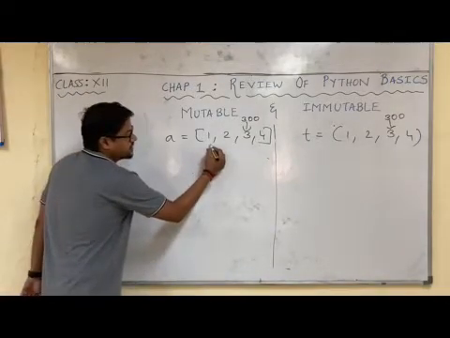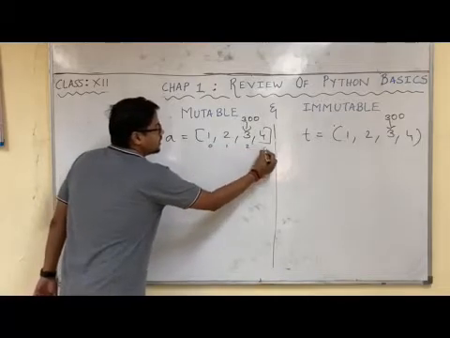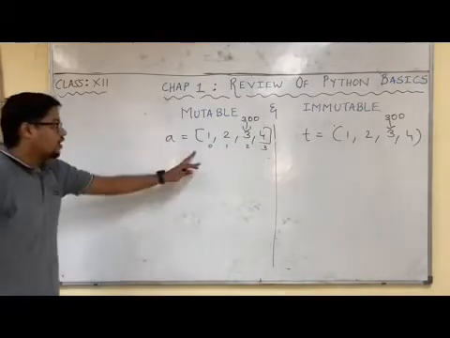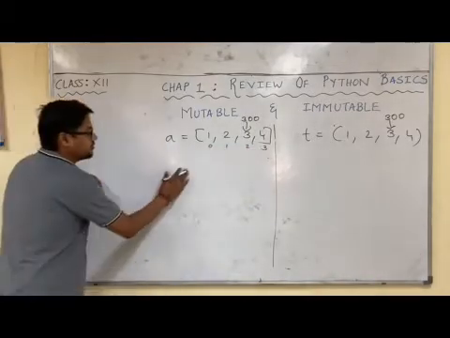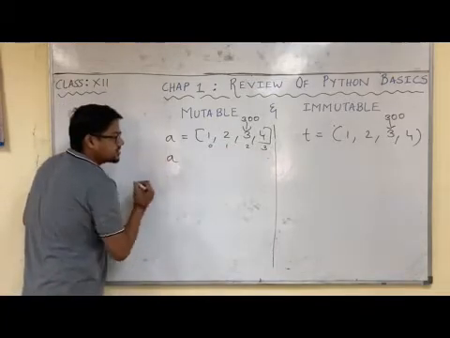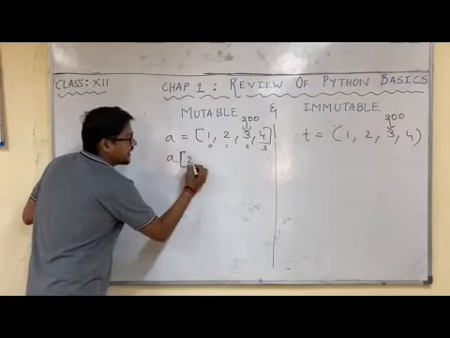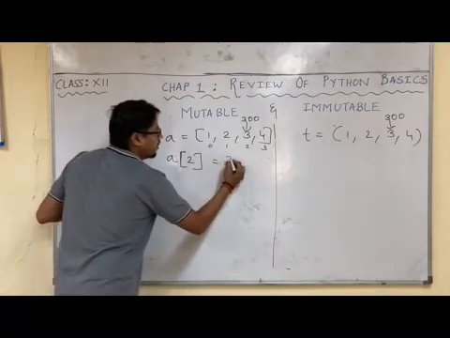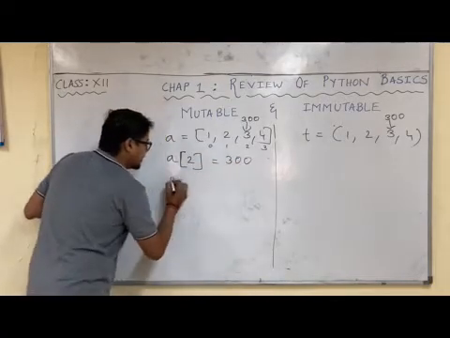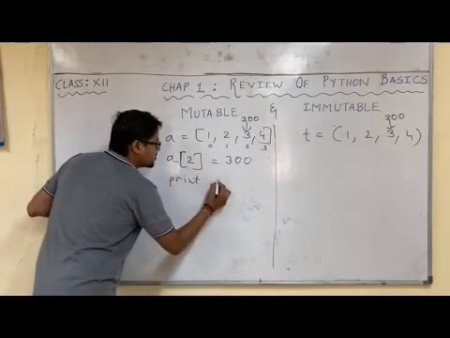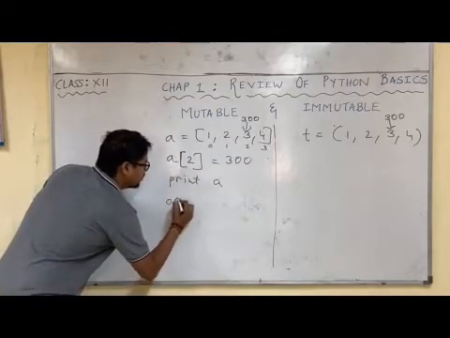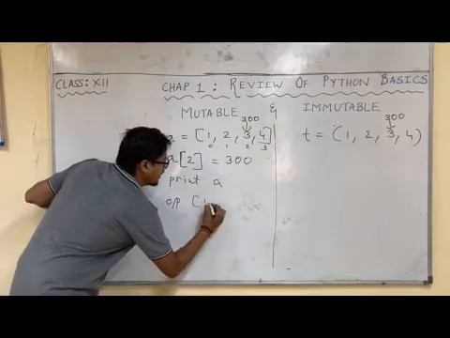What is the index? 0, 1, 2, 3. Okay. So how do we change this 3 into 300? We will write list name, the index, and our new value that we want, 300.